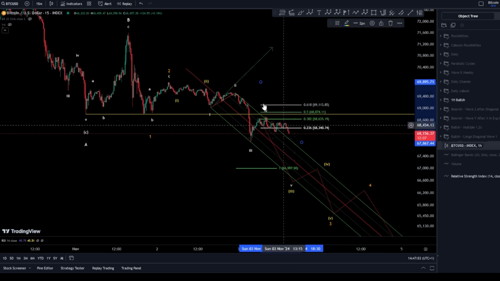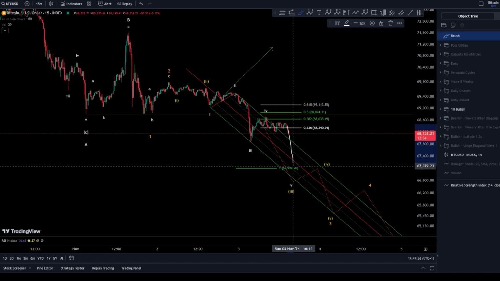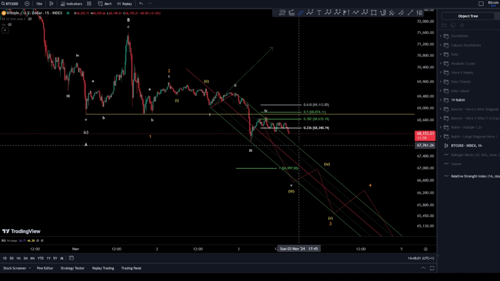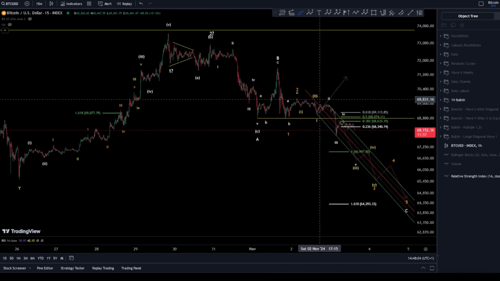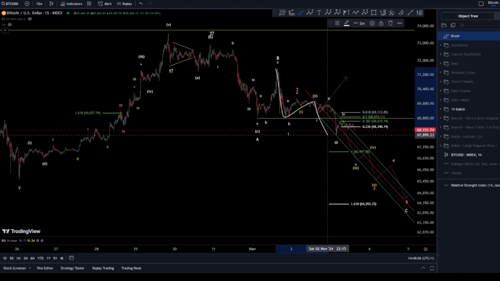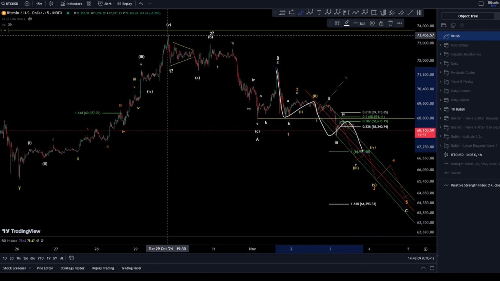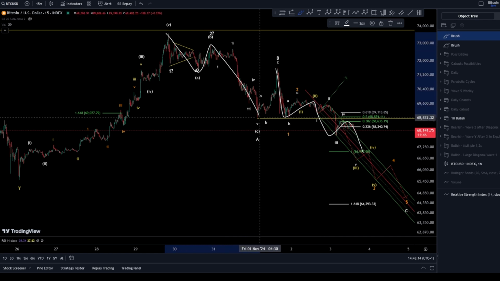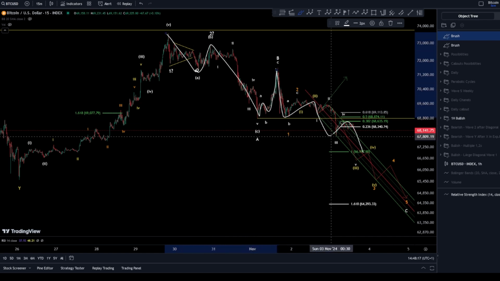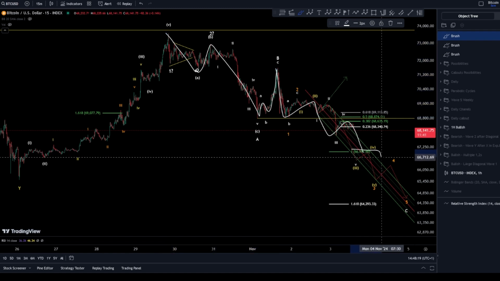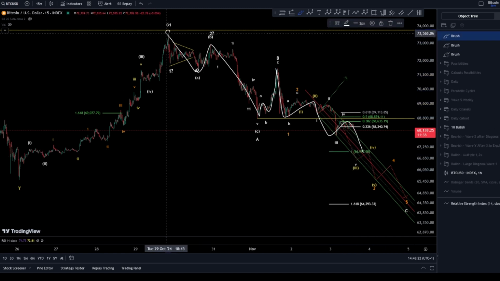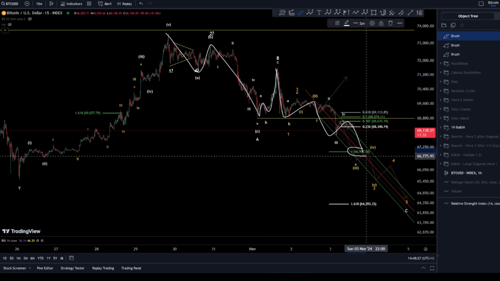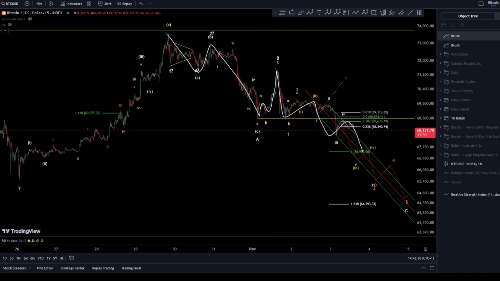However, if we are looking for a wave 5 here as a contracting diagonal, that might bring us to something else. If we have finished a contracting diagonal here as 1, 2, 3, 4, 5, it is very possible that we finished 3 waves down, then 3 waves up, and 5 waves down, finishing almost on the 1-to-1 fib level, taken from the start to the end, giving us a 1-to-1 fib level at 67,000.